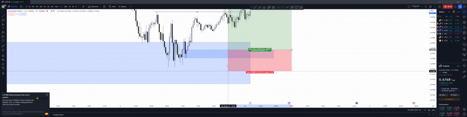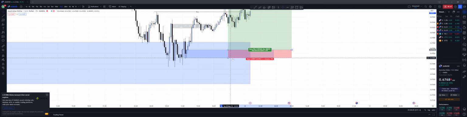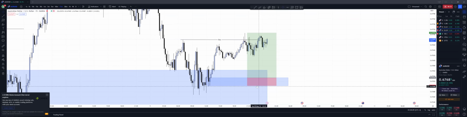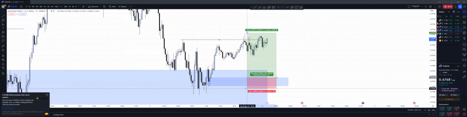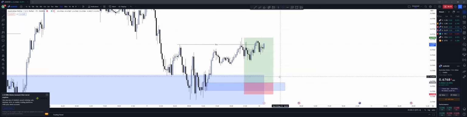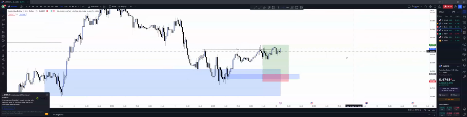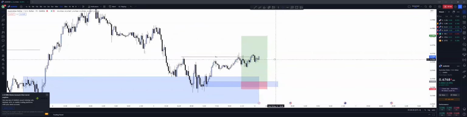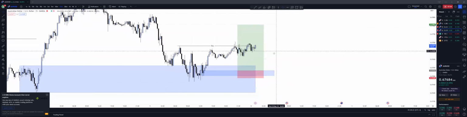I would be pushing for buys, and I would probably put right now about 4.5 stop loss, and I would take my take profit to the next zone of supply, which gives me a 1 to 6 ratio.